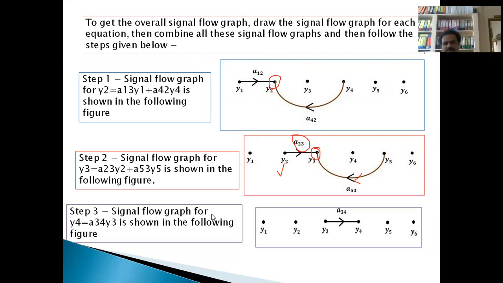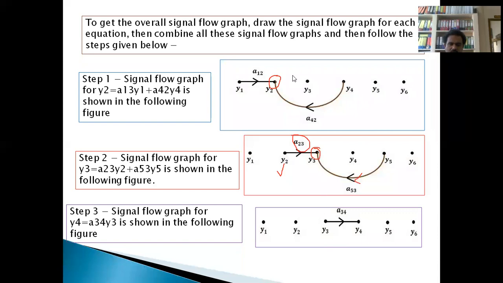Next, the third equation. Simply Y4 is equal to A34 into Y3. So Y3 is here, and Y4. To obtain Y4 as output, Y3 is input multiplied with gain. So in between Y3 and Y4, the signal flow graph is only this simple thing, represented like this.